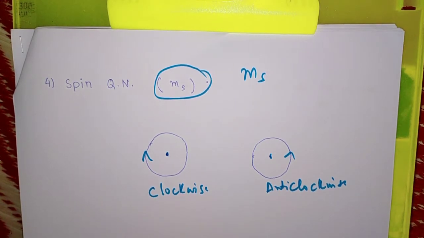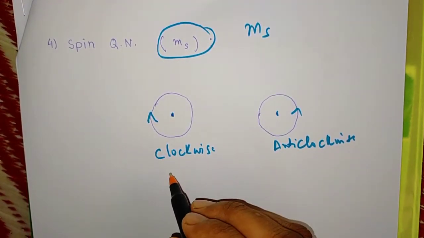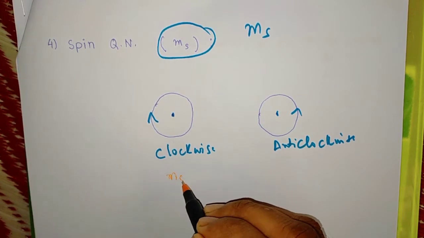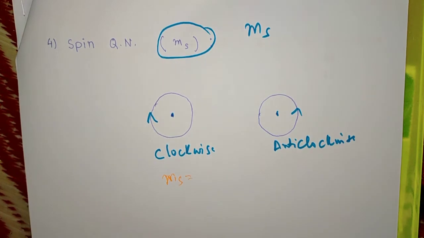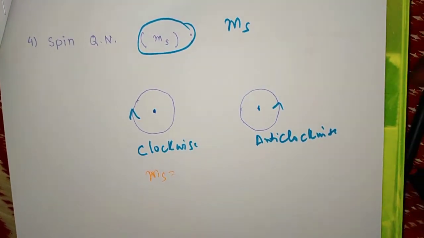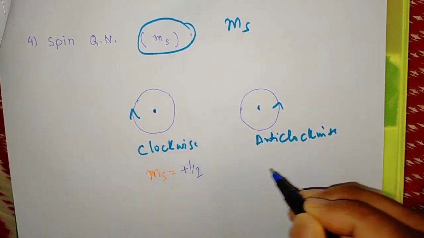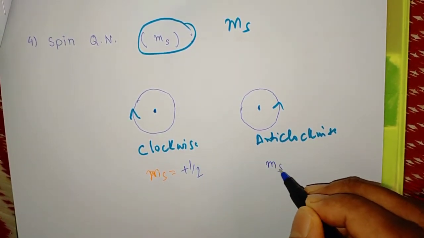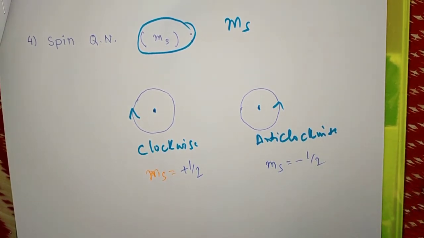The clockwise and anti-clockwise movements give you two values of the spin quantum number. If the movement is clockwise, the spin is considered as plus half, and if it is anti-clockwise, it is considered as minus half.